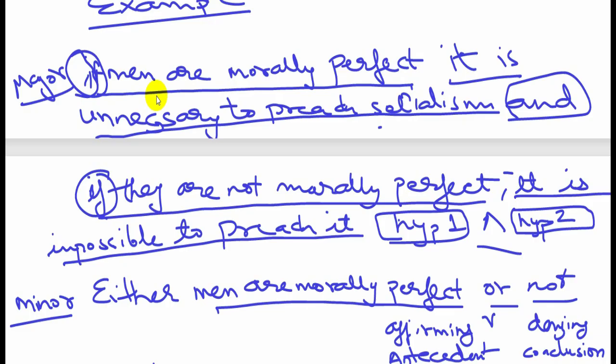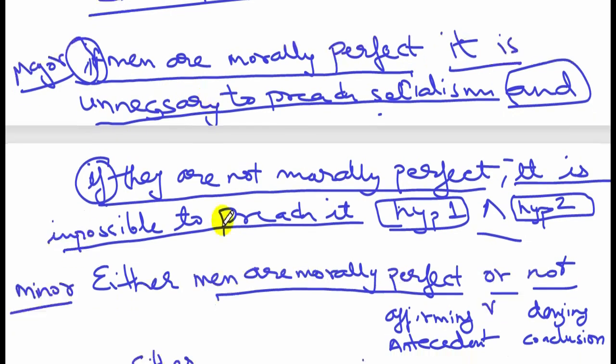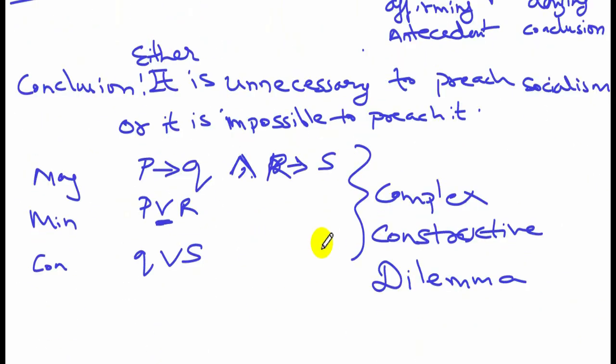So let us look at the different kinds of dilemma. One we have already covered, which is the complex constructive dilemma. A complex constructive dilemma is one in which the minor premise affirms the antecedent, and the antecedents as well as the consequent in the major premise are separate propositions.